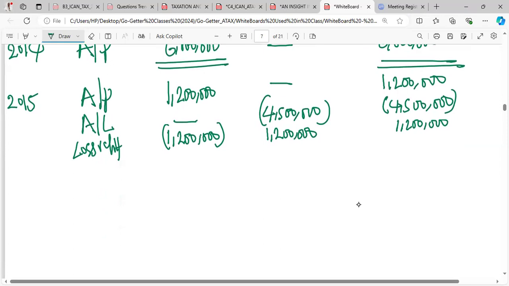So loss carried forward. Here will be dash. How much will be removed here? It will be 3,300,000. This 3,300,000 is carried forward.